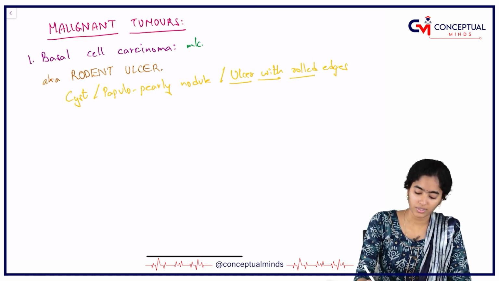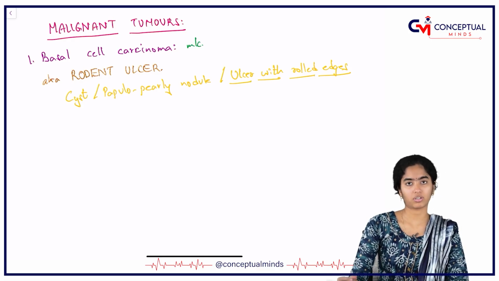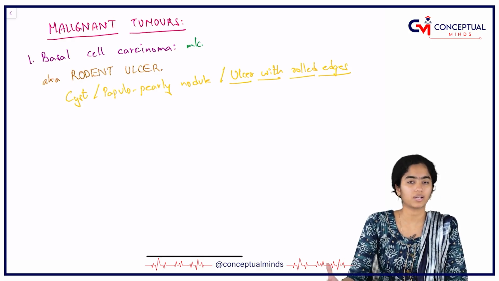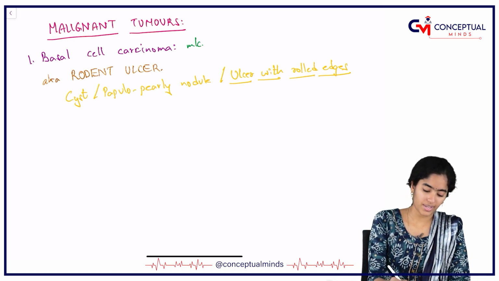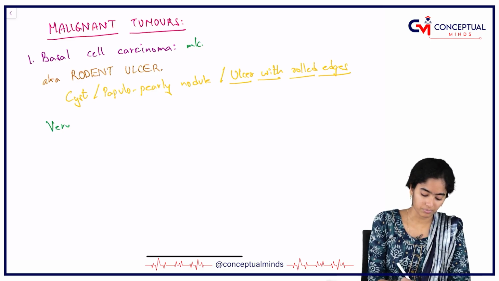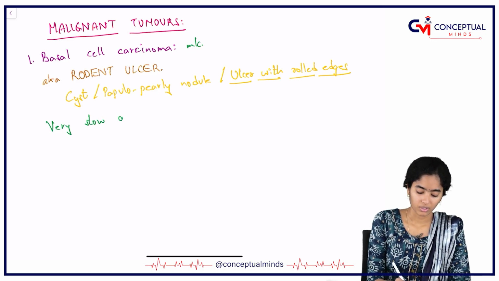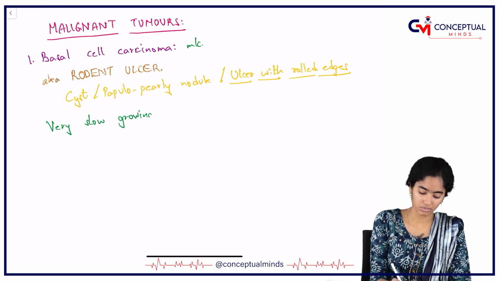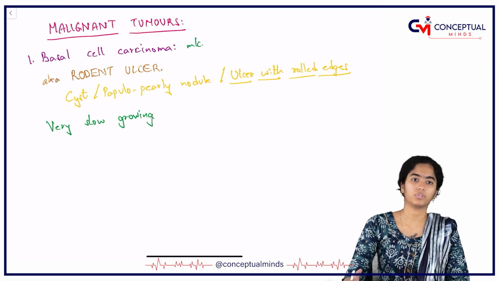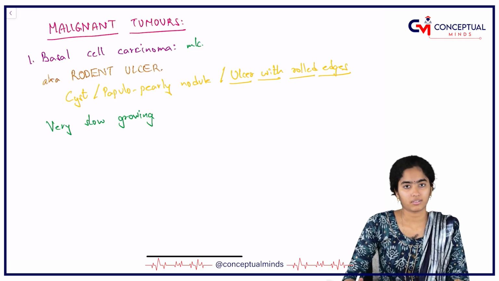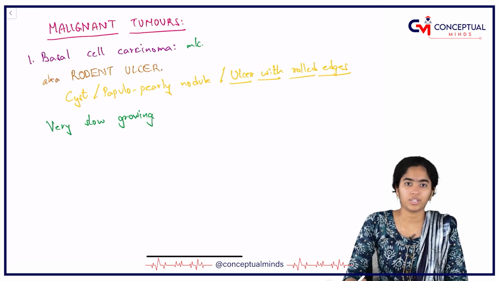This ulcer with rolled edges means the examiner is trying to give you a hint that it is basal cell carcinoma. Now this is a very slow growing tumor. It will take years to grow to the size of a sizable tumor, and it remains confined to the skin only for a long time.